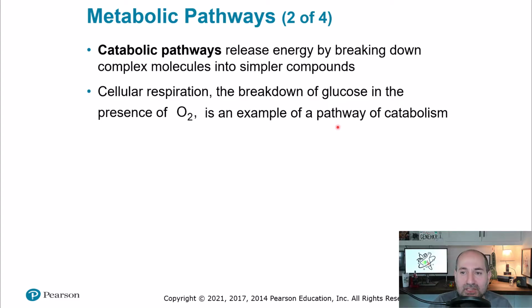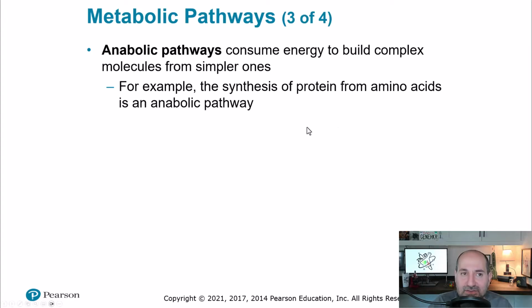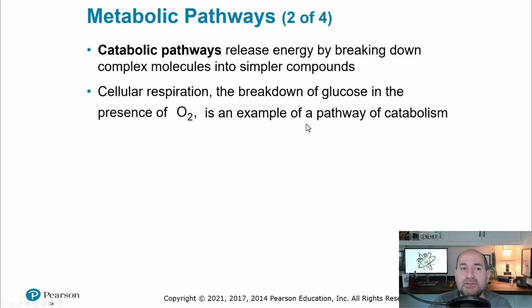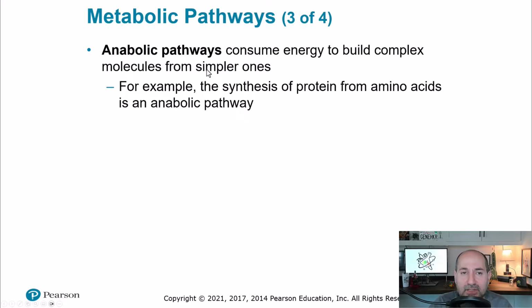And usually, catabolic metabolism results in release of energy. Okay, think about that. You're breaking things down and releasing energy. In anabolic pathways, on the other hand, these are the other major branch of metabolism.